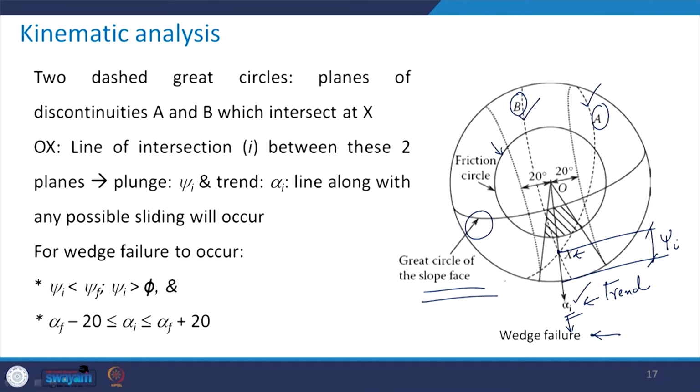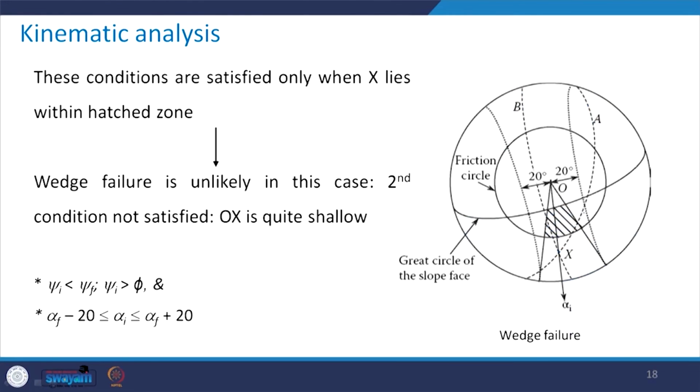Now once again, as we did in case of the plane failure, for all these three conditions to be satisfied, the line of intersection must lie within this hashed zone. See how? Take a look here. The first condition says that psi i must be less than psi f.